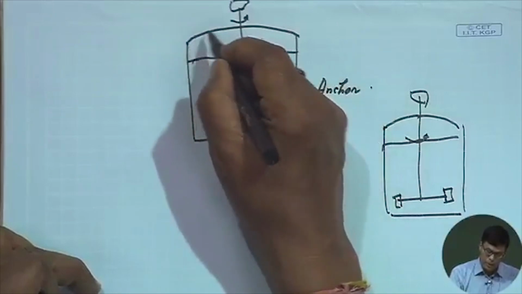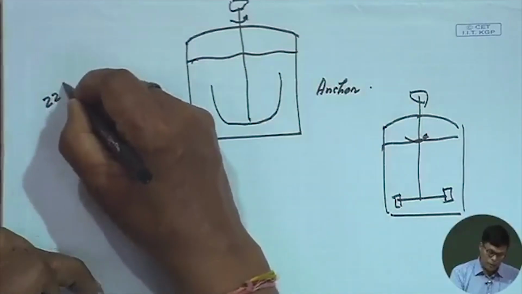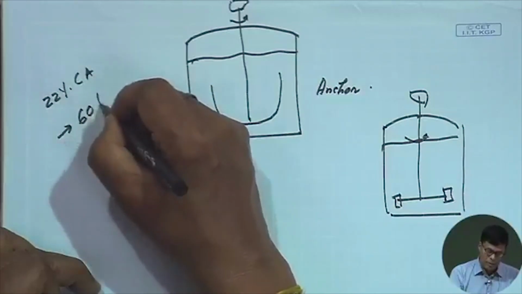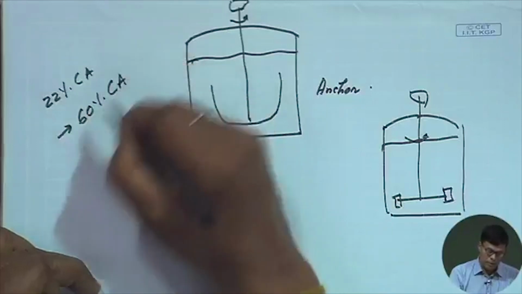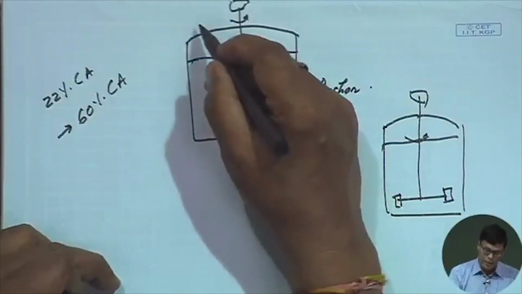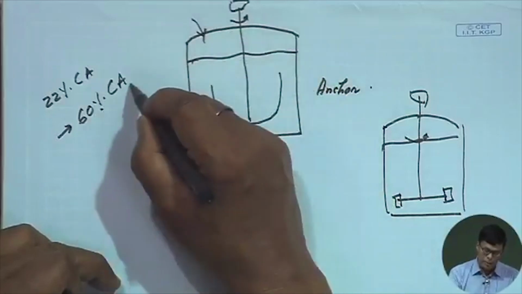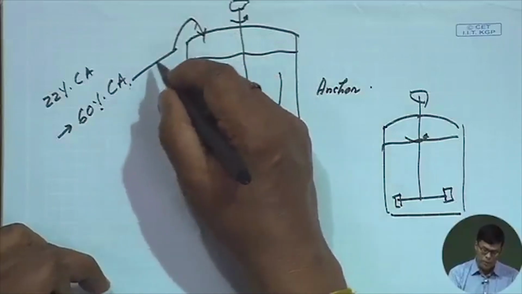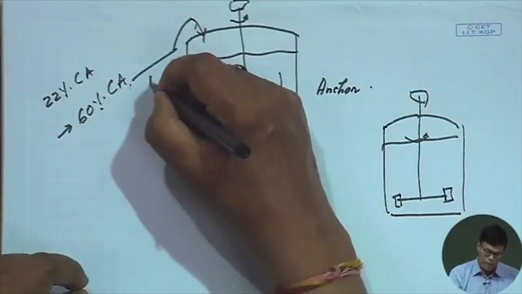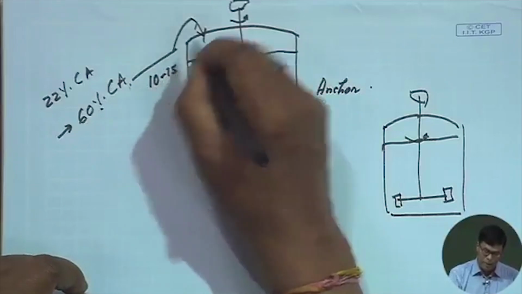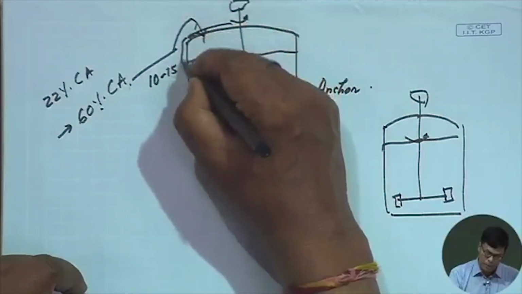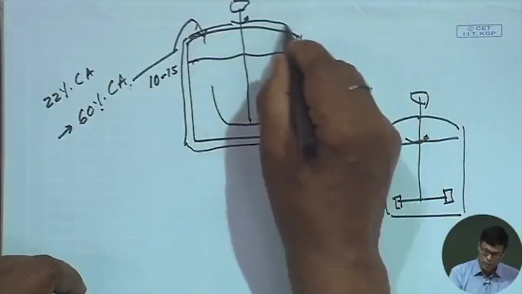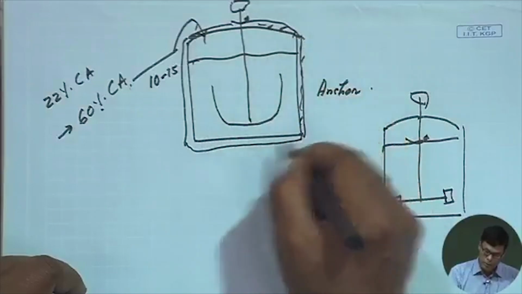I told you that we increase the citric acid concentration from 22% to 60%, and we put the 60% solution here and reduce the temperature, maybe by about 10 to 15 degrees centigrade. The outside is insulated, so the heat loss should be as minimal as possible.